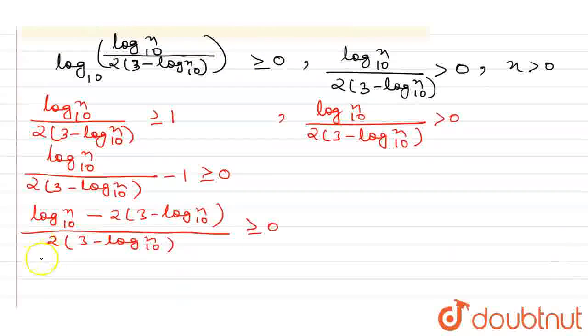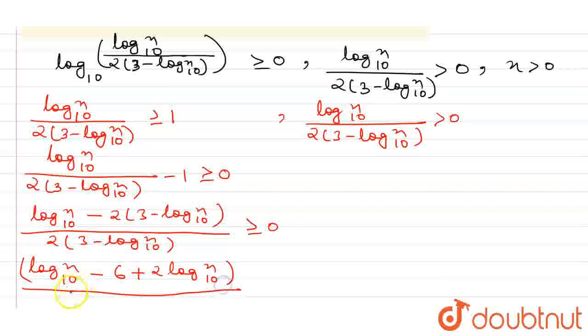So I can write log x to the base 10 minus 6 plus 2 log x to the base 10 upon 2 into (3 minus log x to the base 10) should be greater than or equal to 0.